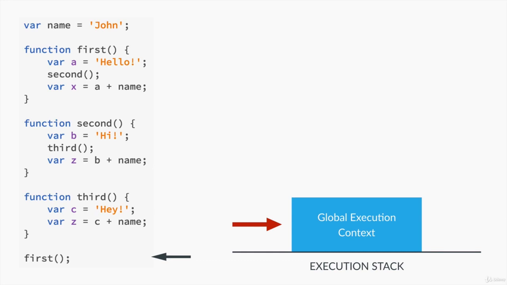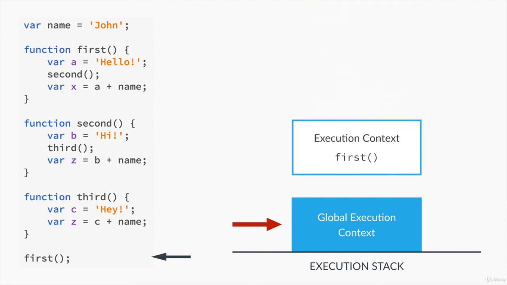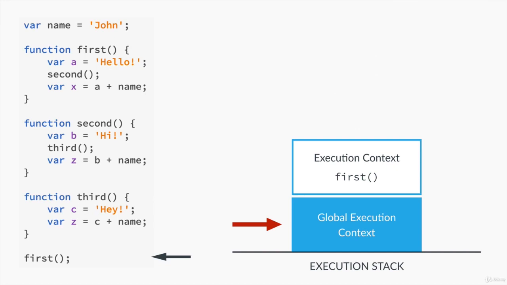Because here is where we call the very first function. And as I mentioned before, a new function gets its new execution context. And what happens is that this new context is put on top of the current context, forming the so-called execution stack. So for the duration of this first function call, the execution context for that function becomes the active context in which the code is executed.